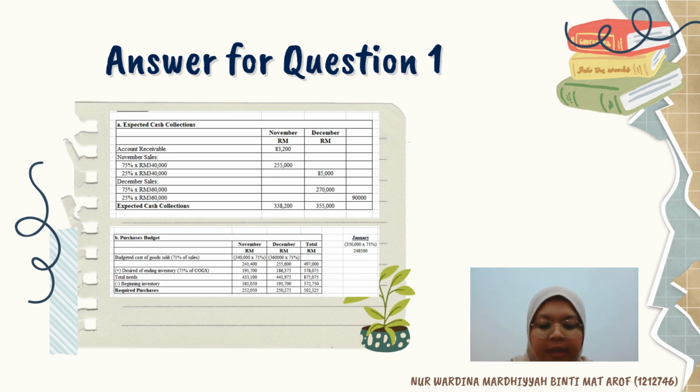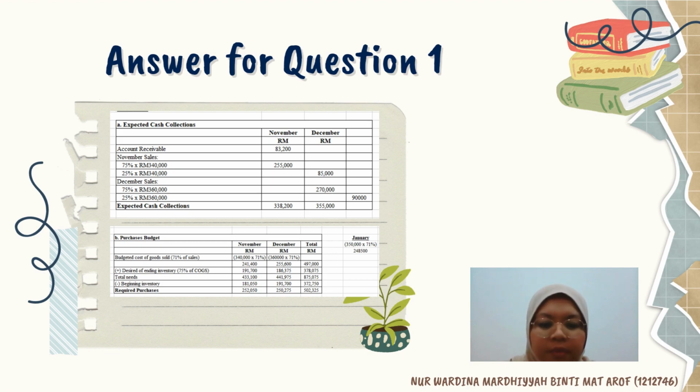497,000. And then with the total we need to add the desired ending inventory, which is 75% of cost of goods sold. So the total for November is 191,700, and for December is 186,375.